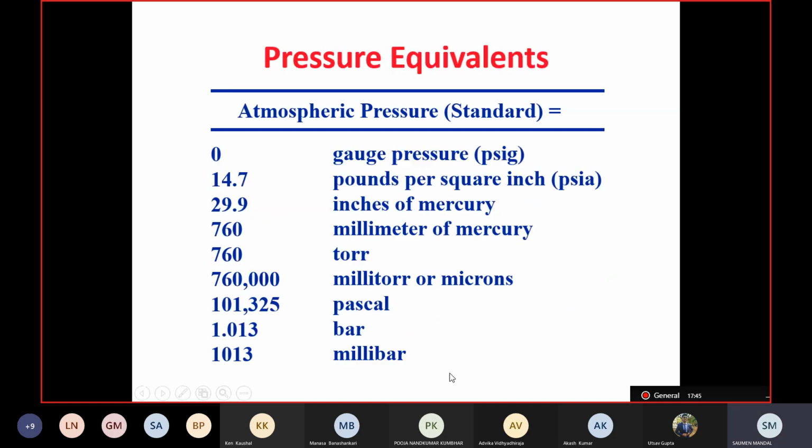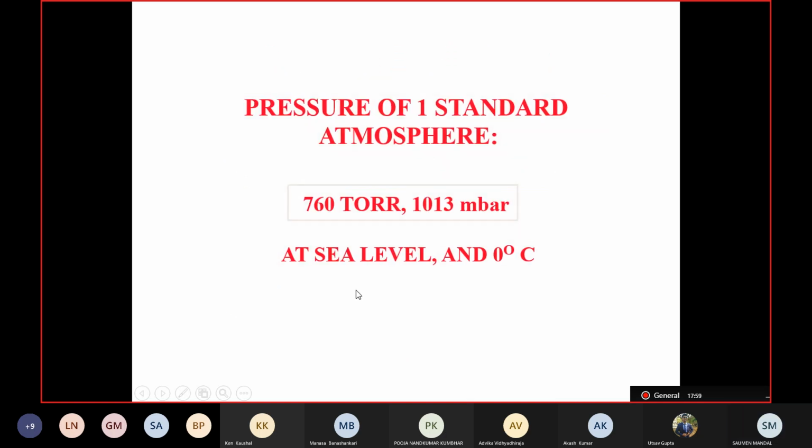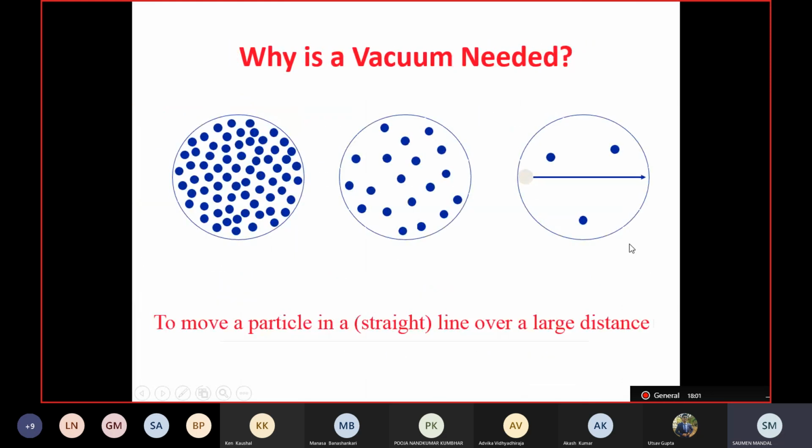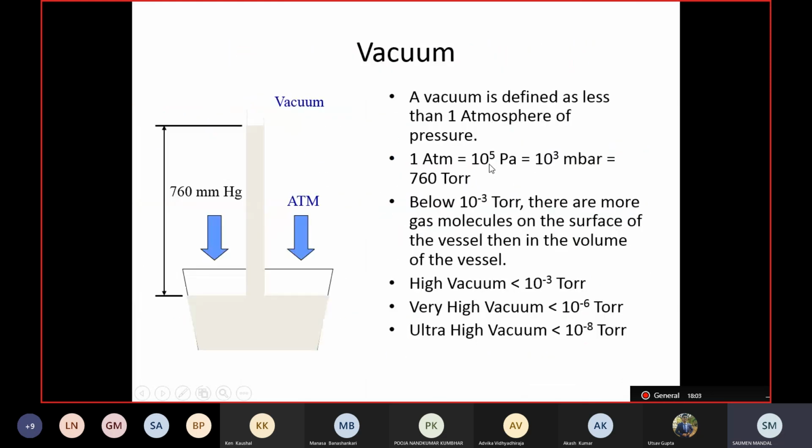Sometimes Pascal is also used, and in that case it is around 1 to 10 to the power 5. So 1 atmosphere is 10 to the power 5 Pascal, 10 to the power 3 millibar, 760 torr.